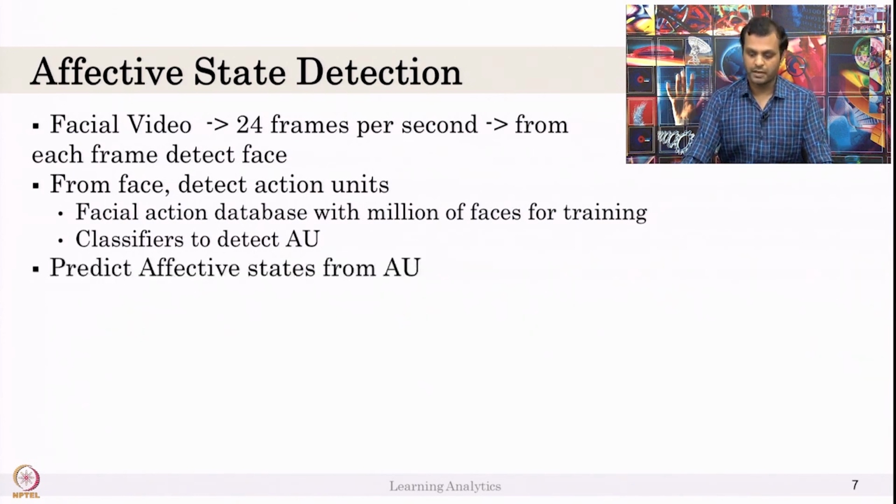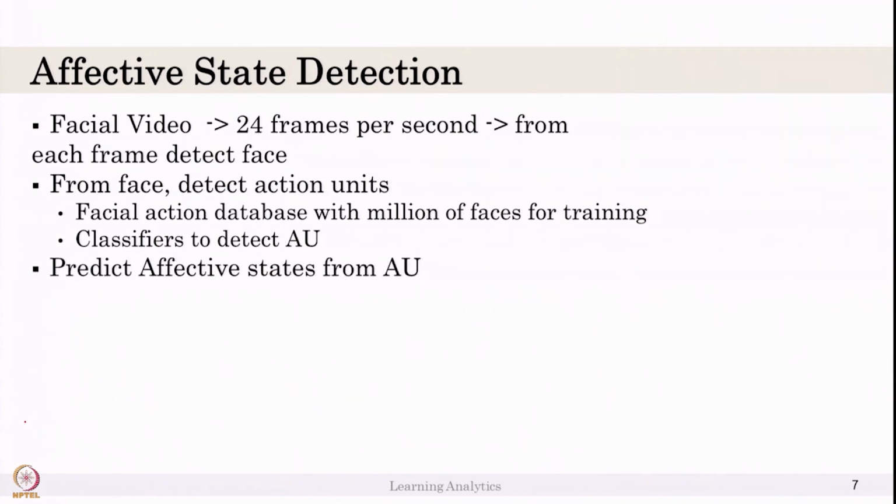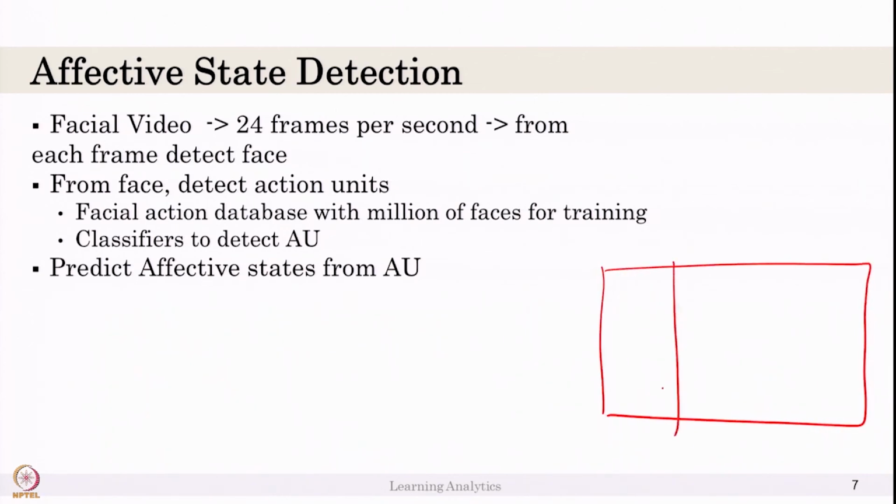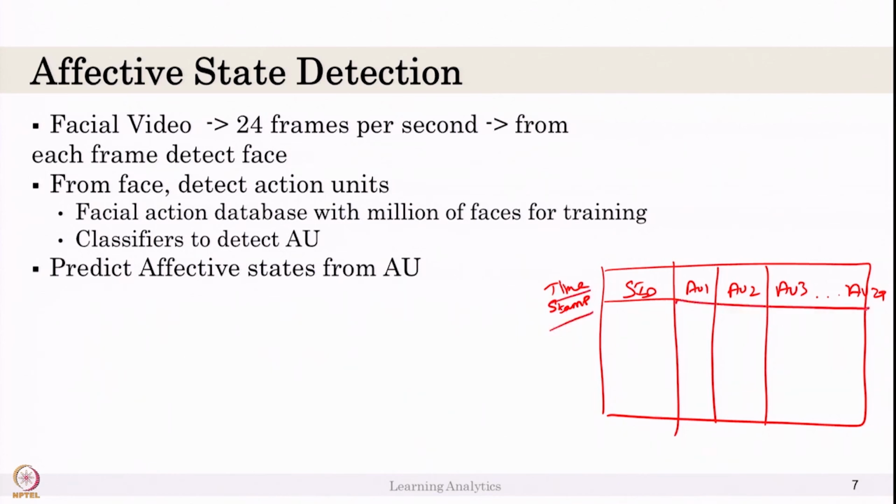So, from the action units we have to predict the affective states. For example, the data will be like this: student ID, action unit 1, action unit 2, AU3 and say AU29 or 30, then timestamp. Basically the action unit is not giving a binary classification.